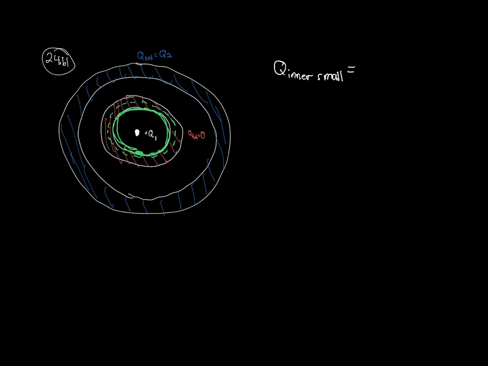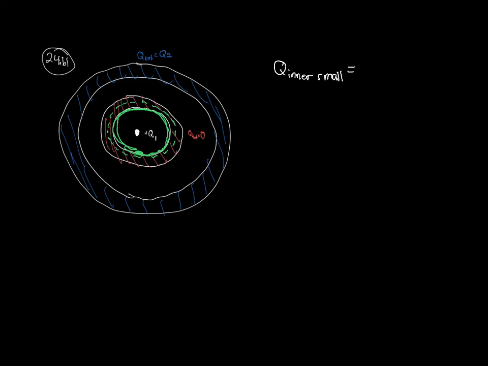What does the total electric field have to be inside of this conducting shell? 0. Why does it have to be 0? Because it's a conductor. Electric field inside of a conductor is 0. So inside of this conducting shell I have to get 0, which means I need 0 charge enclosed. Right now I have positive Q1. I can't have any charge inside of the conductor. All the charge on the conductor exists at the surfaces.